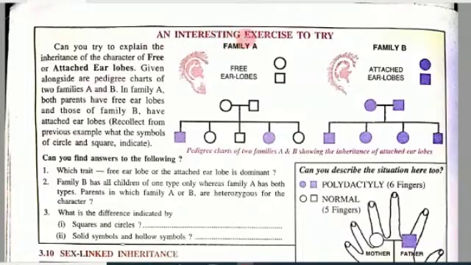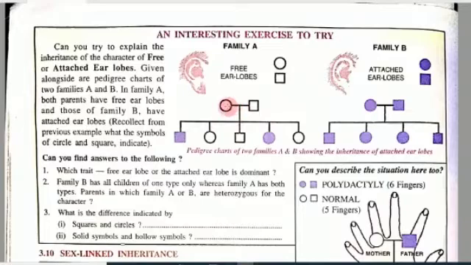An interesting exercise to try: look at the earlobes of our family members, free and attached. Free earlobe and attached earlobe. See the family members also. Father and mother are of free form.